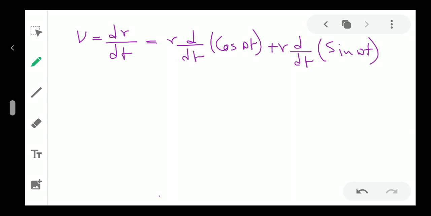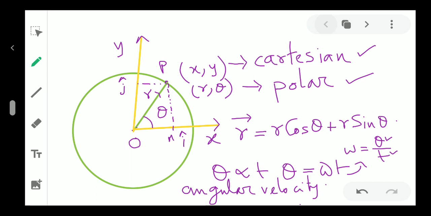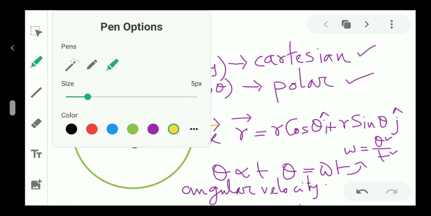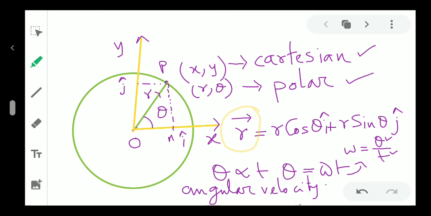Now this v is a vector, and one thing I have missed is the i cap and the j cap, because this term is a vector and so it must contain the directional term as well.